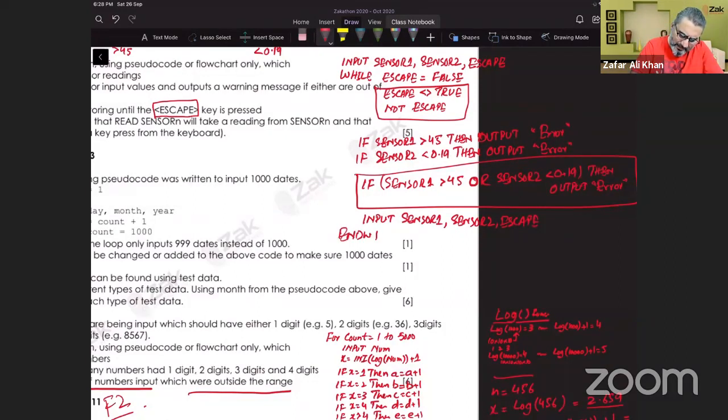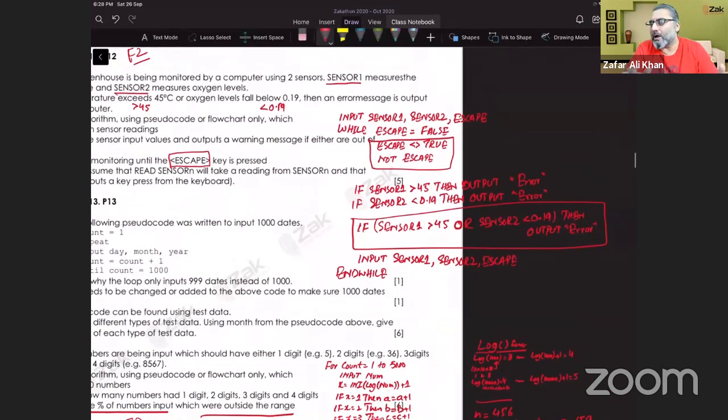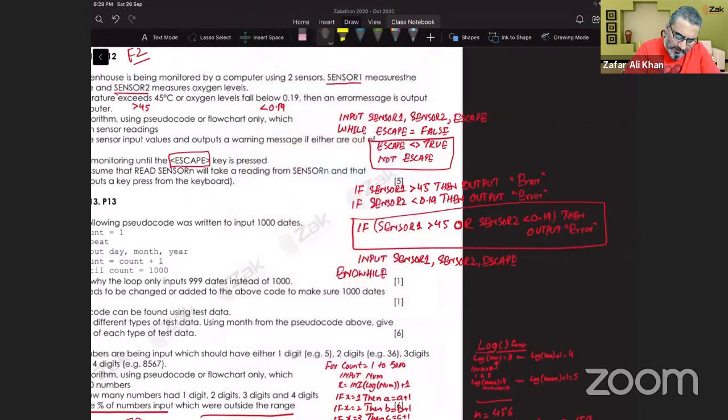And as I said, when it is an output with decision based question, we don't have anything after end while, because all of the outputs are made inside the loop with the conditions. So how many variables do we have over here? Sensor 1, sensor 2, escape, and that's it.